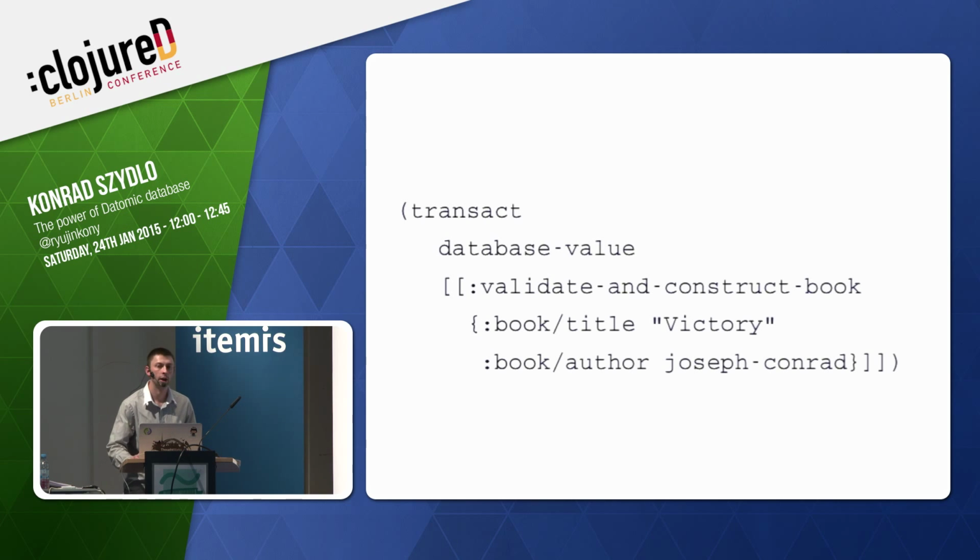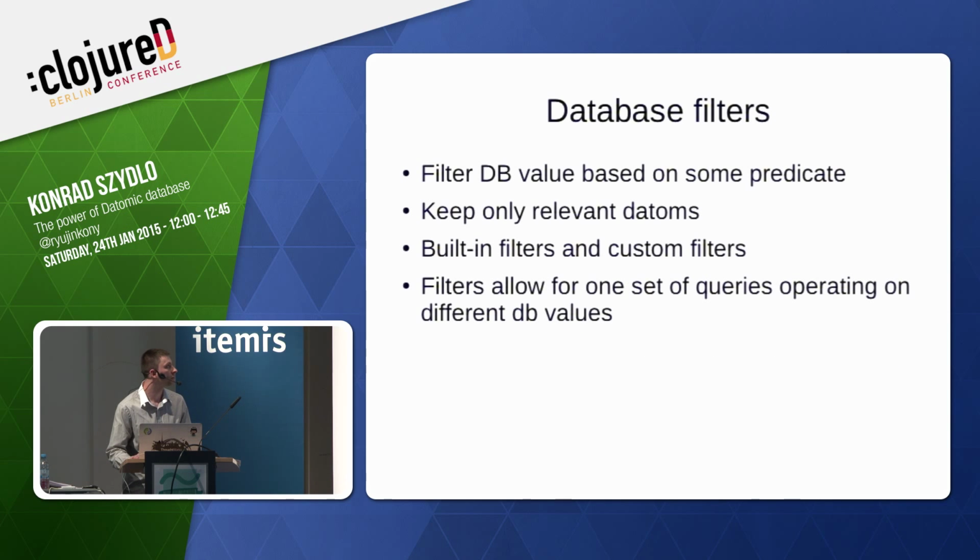Okay, so in previous examples we've used a database value that allows us access to the whole database loaded lazily, but sometimes we don't want access to all the datums in our database. We want to filter them, and Datomic provides us with a number of filters to filter a database based on some predicate, whenever we want to get only relevant datums.